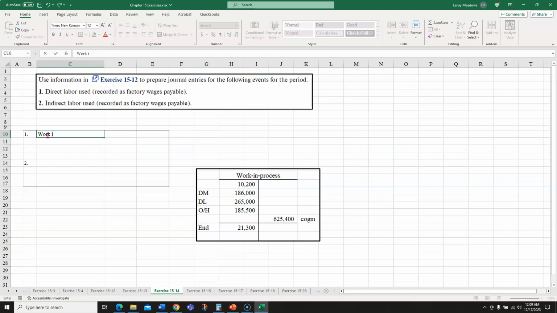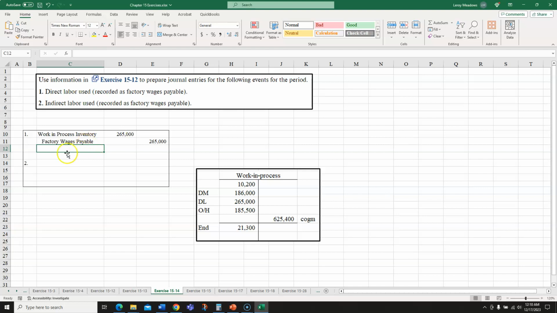So debit work in process inventory for the amount of $265,000, because I'm gathering that here. And what are we going to credit? Factory wages payable, $265,000. And there we go.